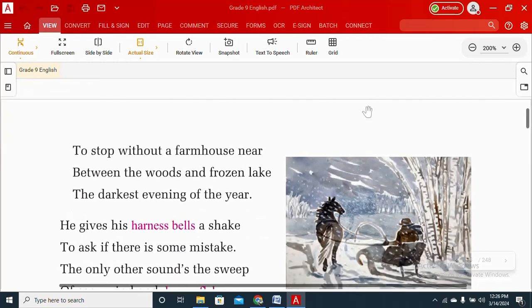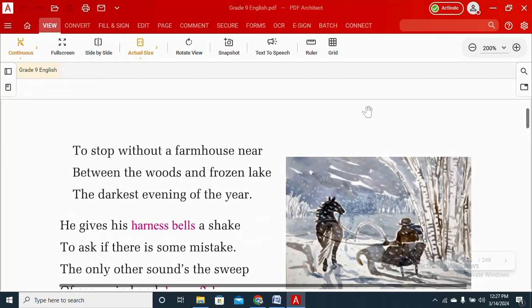In the second stanza, the traveler is enchanted by beauty. The incomparable beauty has enchanted him. He has stopped there for a moment to watch the snowfall in the forest.